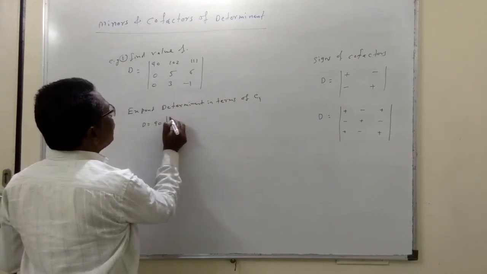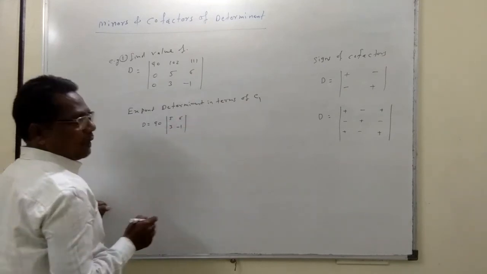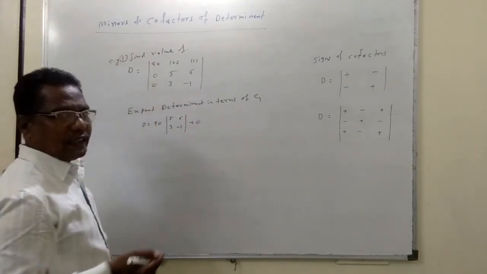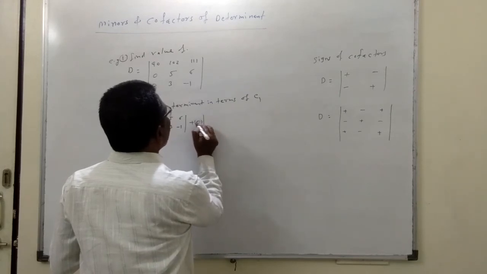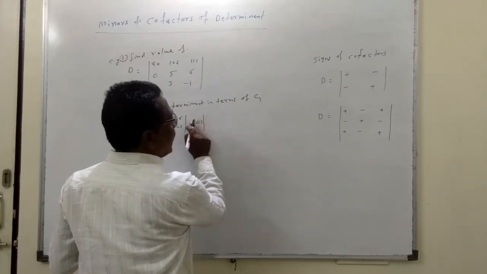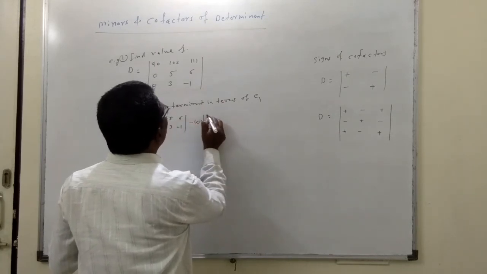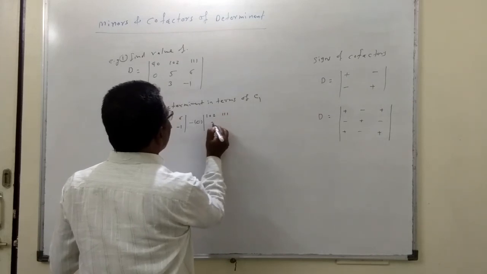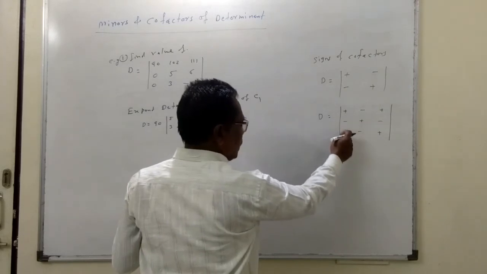So my determinant 5, 6, 3, minus 1. This is the minor of that. Plus, now this 0, so it is not essential to write. Then also we write 0 into its sign, here minus, 0 into 1, 0, 2, 1, 1, 1 and 3 minus 1, plus 0, the plus, minus, plus signs.